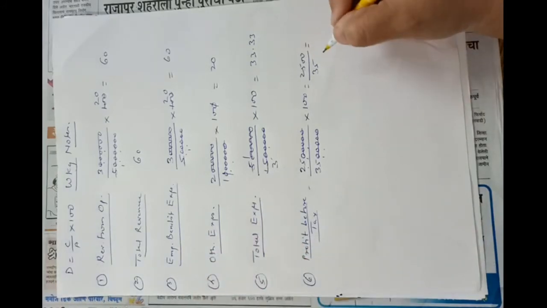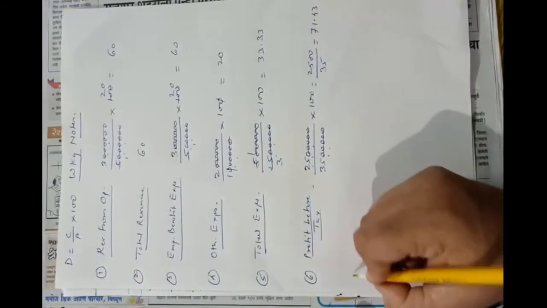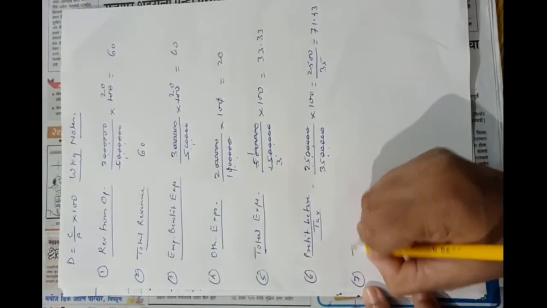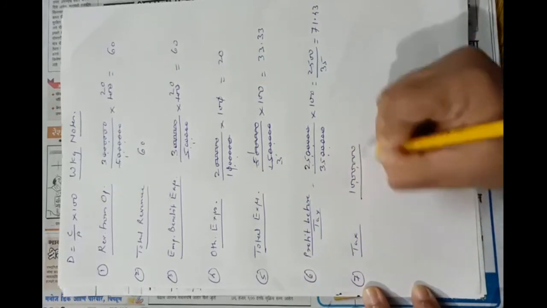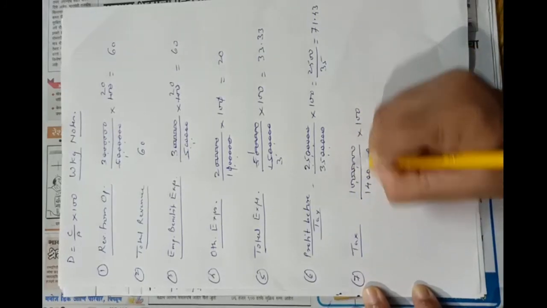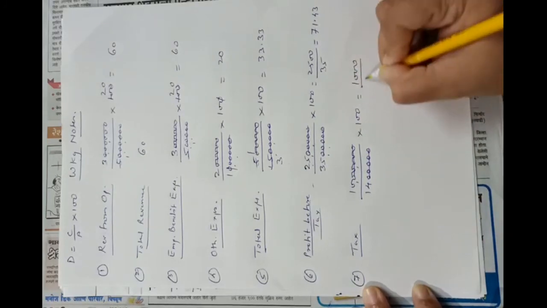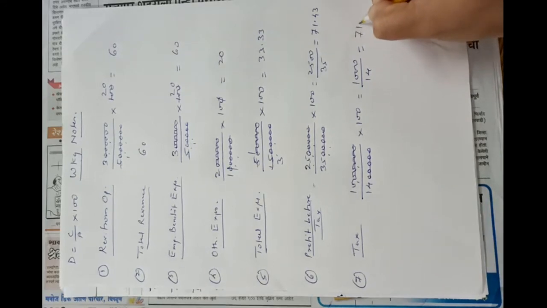So profit before tax percentage will be 71.43. Now tax, 10 lakhs divided by 14 lakhs, one thousand divided by 14. So tax percentage will be the same, 71.43.